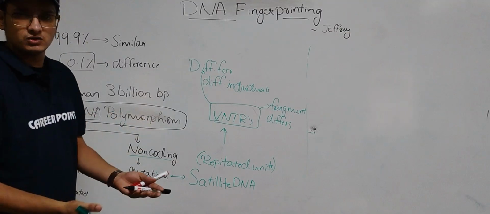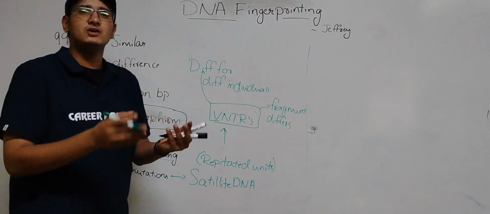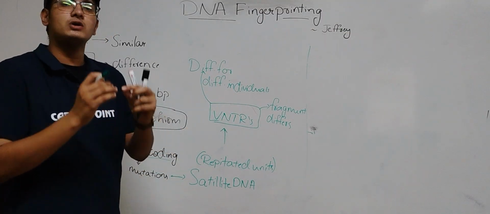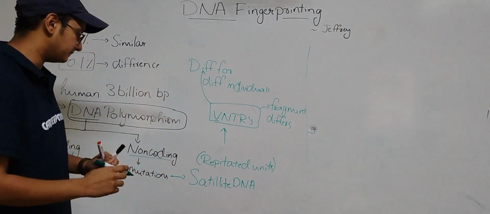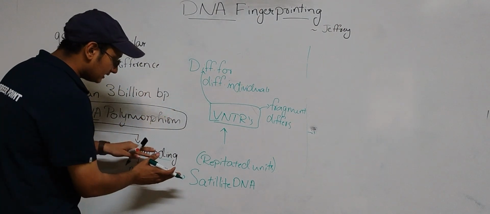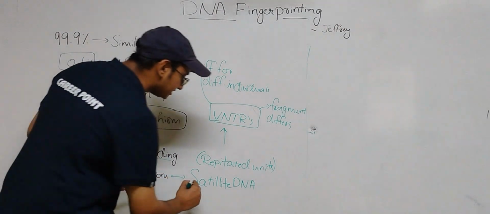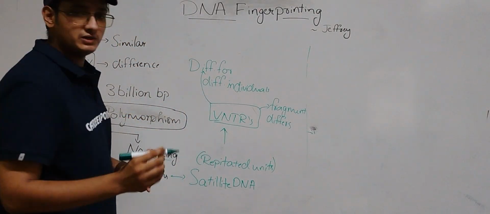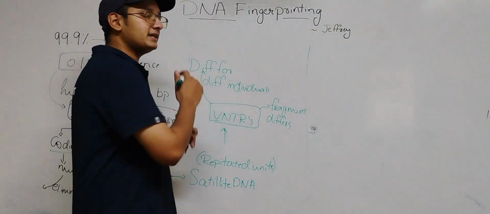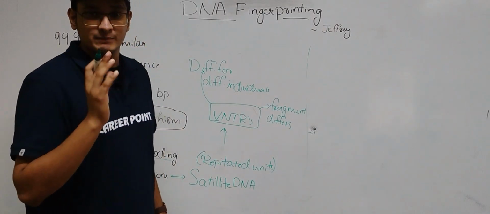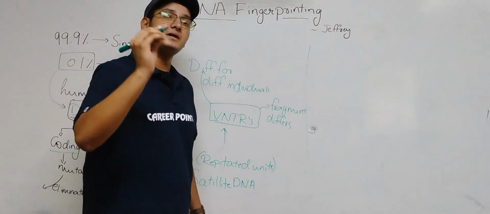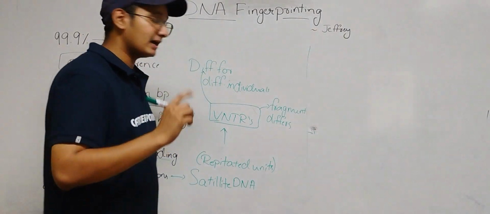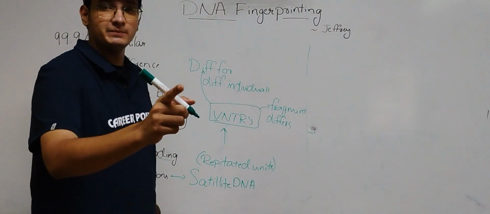When there is a mutation in the non-coding region, it doesn't matter; it is not that harmful for an organism. And so the mutations occur in a region called satellite DNA, where we can see repeated units in it. We call those repeated units VNTRs, meaning variable number tandem repeats. Write down variable number tandem repeats.